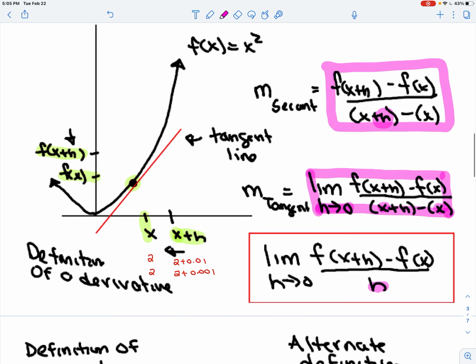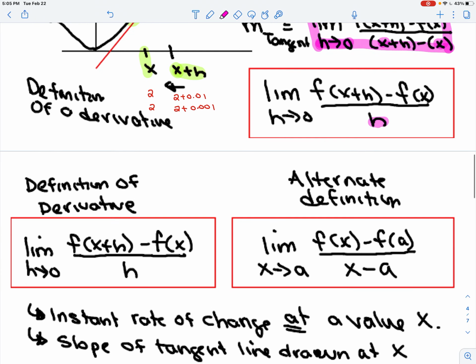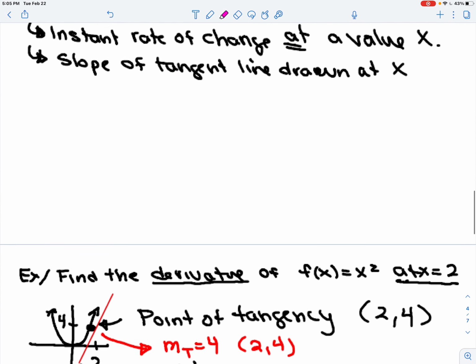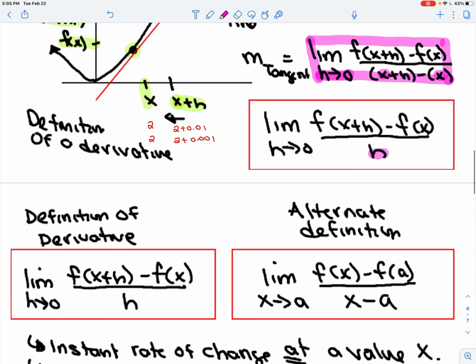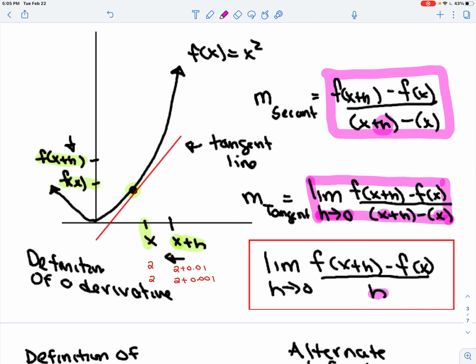But alternately, we could have looked at an alternate definition, and I'll show you. So I'll show it up here. Alternately, we could have picked, instead of choosing f of x, a, and then a new point x, and then we would have had f of a and f of x, and we could have made these approach each other.